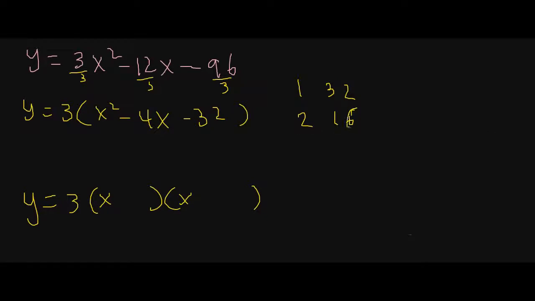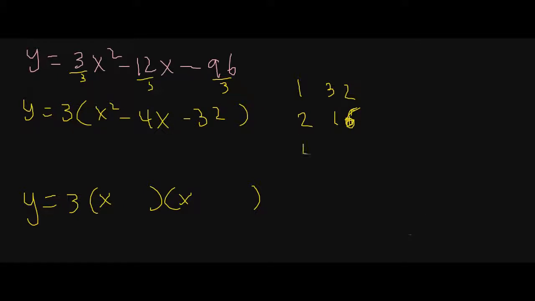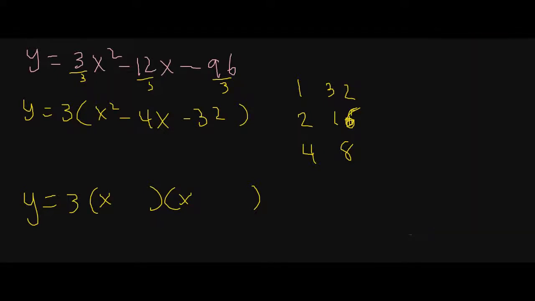Now let's go ahead and do 32 divided by 3. It doesn't work. 32 divided by 4 gives me 8. 4 and 8. And I'm pretty sure that that's pretty much it for our factors of 32.